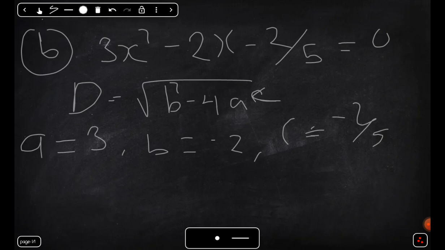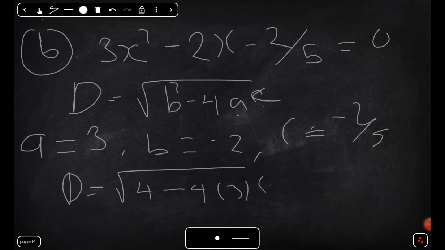So we substitute into the discriminant, and we have b squared, which is minus 2 squared, is going to be 4, positive, minus 4 times a, and a is 3, times c, and c is minus 2 over 5. Because of this minus minus here, it will become plus, surely.